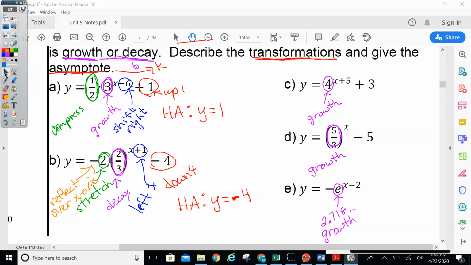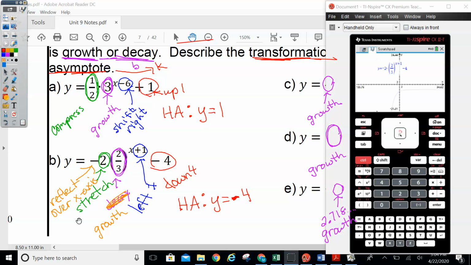Alright, so I do want to show you this one on the graph. Because it's reflecting over the x-axis, that's going to end up changing this base to the opposite. It's going to make it a growth. And I'm going to show you why with the graph. Because it's a negative, that's what the graph looks like: it actually starts low and goes up, getting closer and closer to that asymptote.